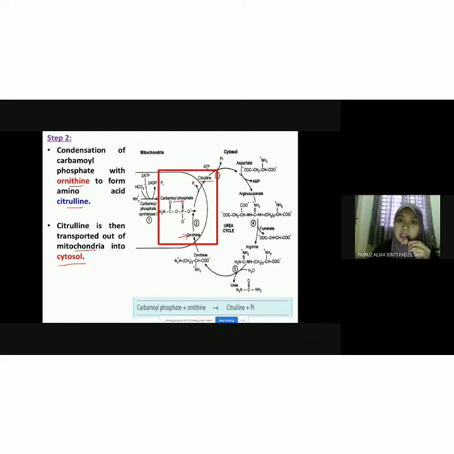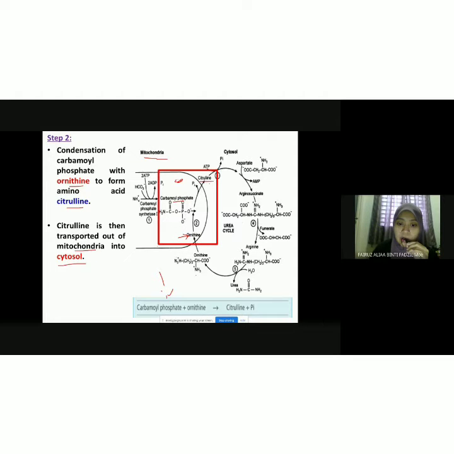Once it becomes the citrulline, it will go out to the cytosol. This is the mitochondria. Now it is transported out of the mitochondria to the cytosol. Now citrulline is already in the cytosol. So you see the formula here: carbonyl phosphate plus ornithine becomes citrulline.